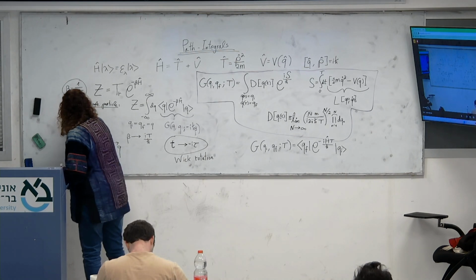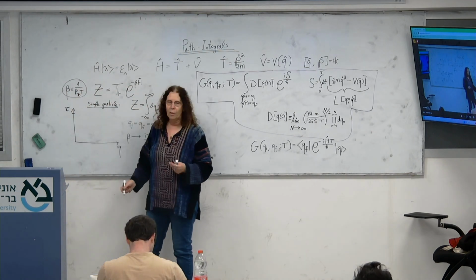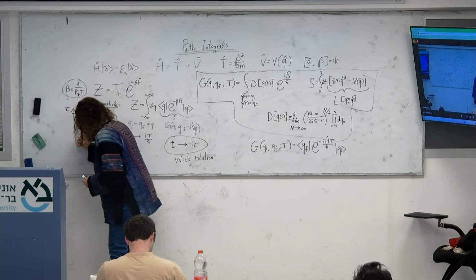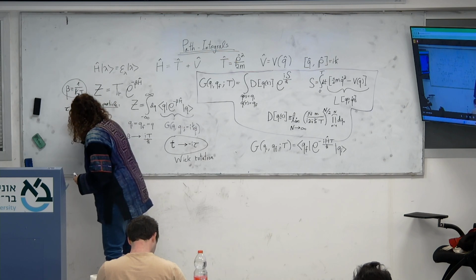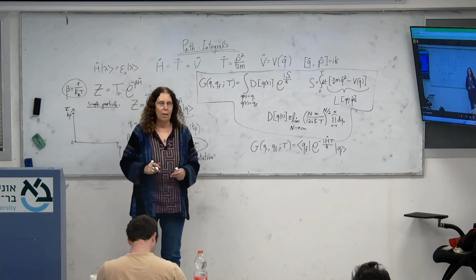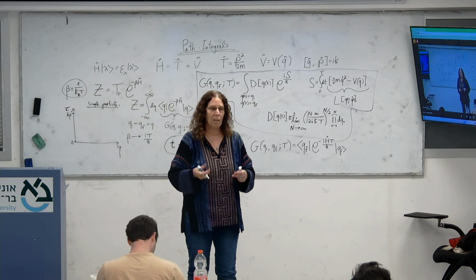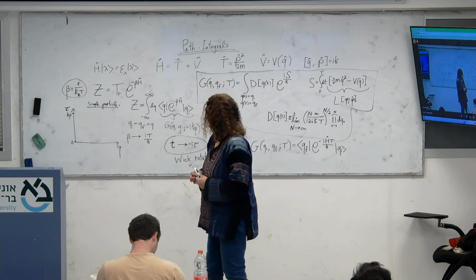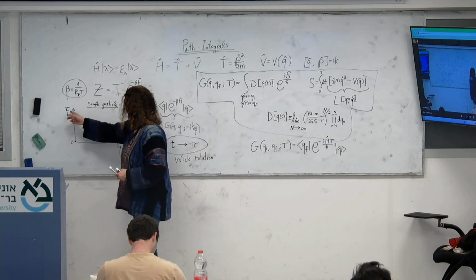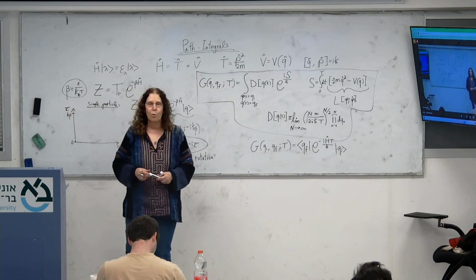We're introducing a variable tau that interpolates between 0 and h bar beta. And the h bar beta has a well-defined physical meaning. It's just the inverse temperature multiplied by a constant that gives it units of time.